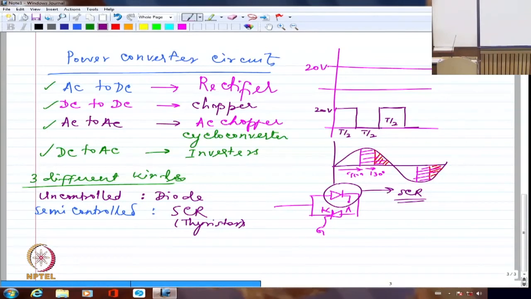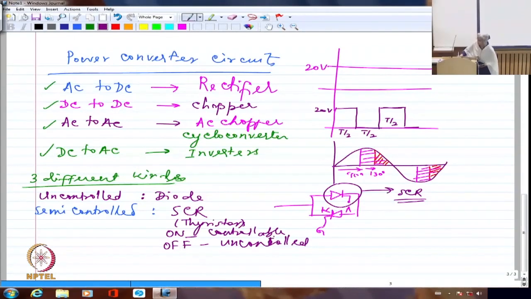These are semi-controlled devices. So in these cases, on is controllable, off uncontrolled. Okay? The third type of devices is fully controlled.